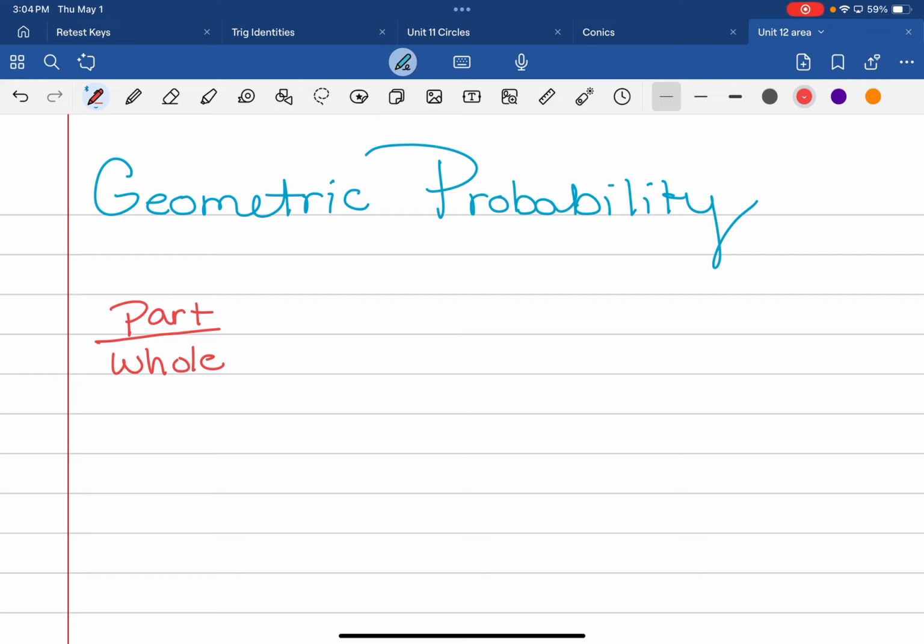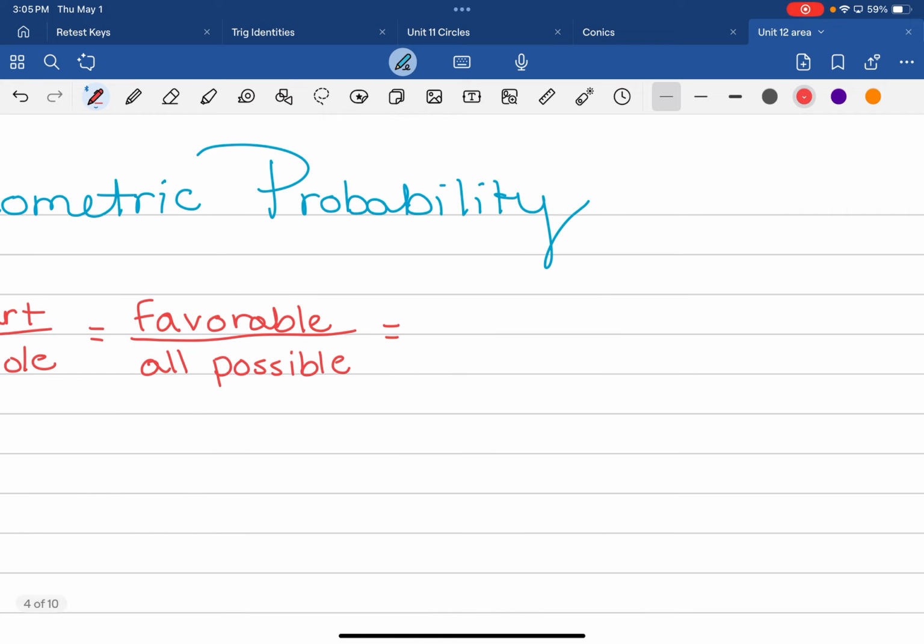We also talked about how it would be favorable outcome over all possible outcomes or all possible ways. Favorable, all possible, part over whole.